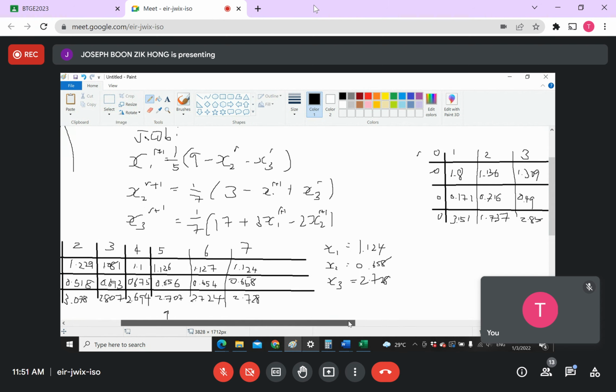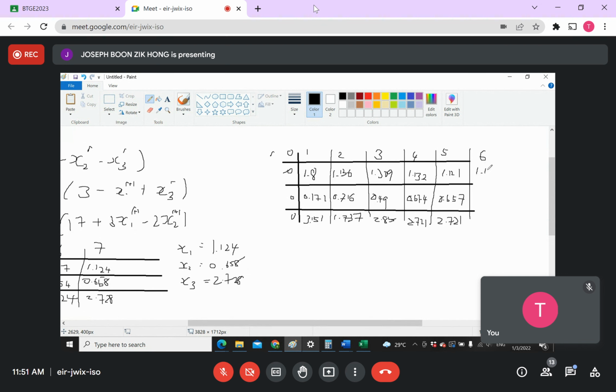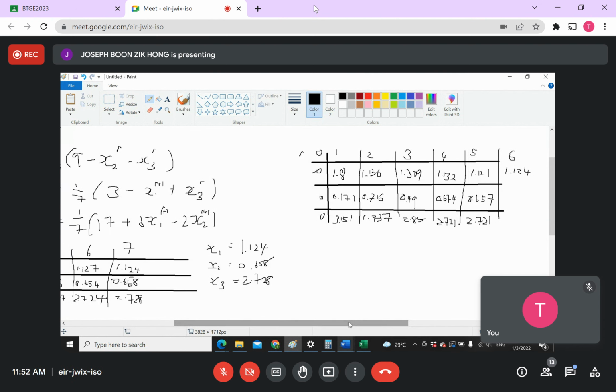1.124. 0.657. 2.723. Okay, so this is what we get for Gauss-Seidel.